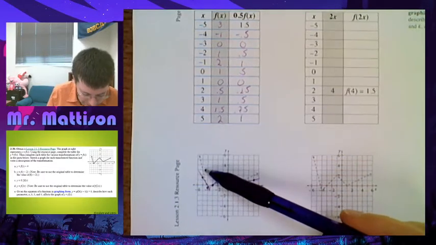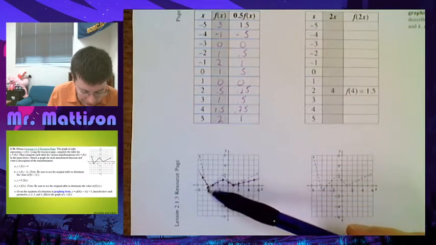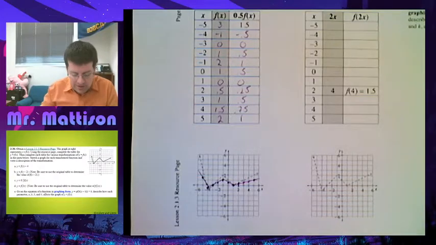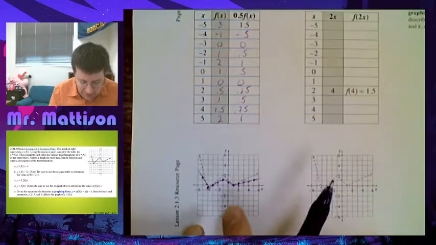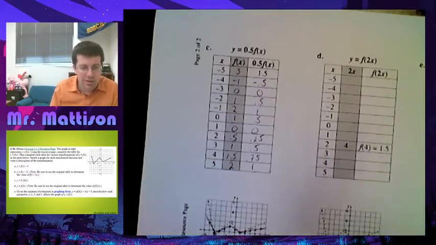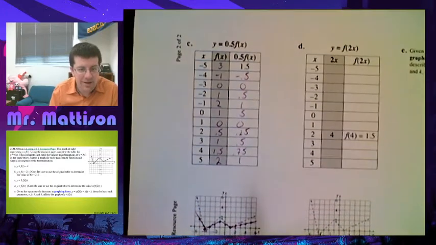So our ones which were 3 are now 1.5, which were -1 are now -0.5. The zeros all kind of stayed, but everything else got halved, right? So I get this kind of squished form of the exact same graph. Now it does have the same x-intercept, which is an important thing, but every other vertical measurement is now halved because I'm just multiplying it all by a half there.